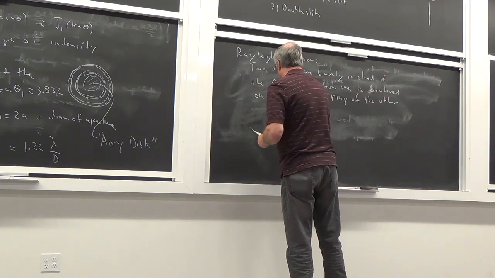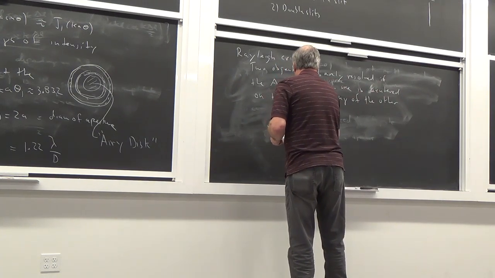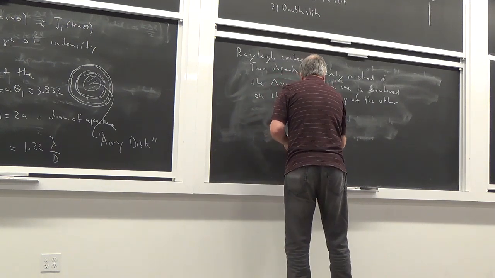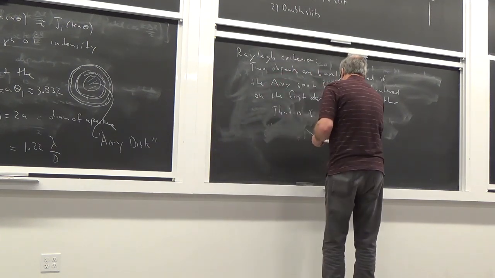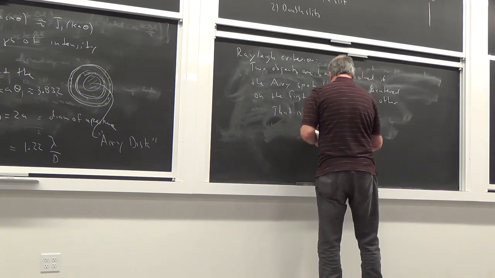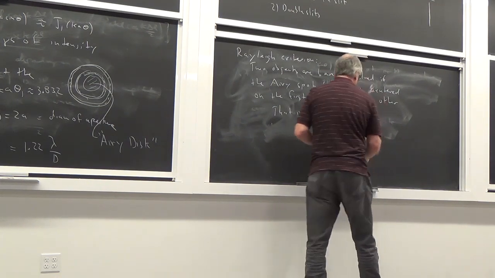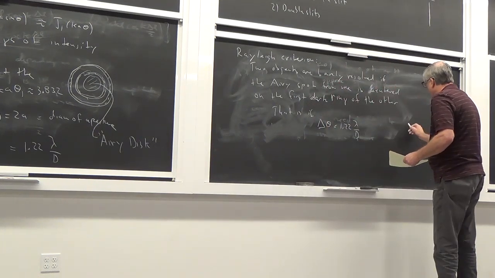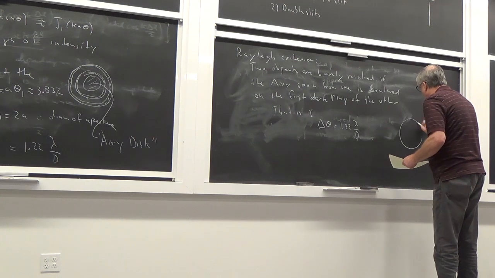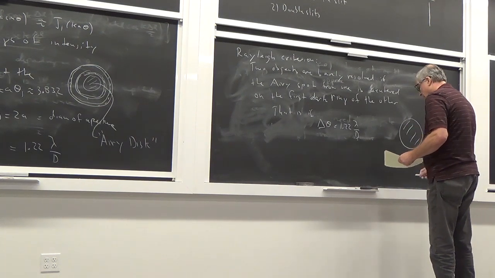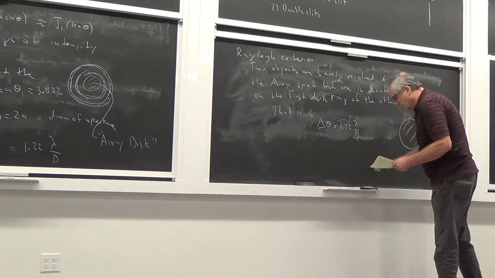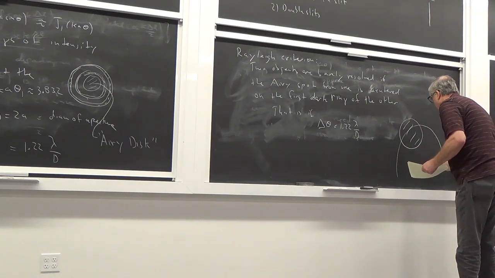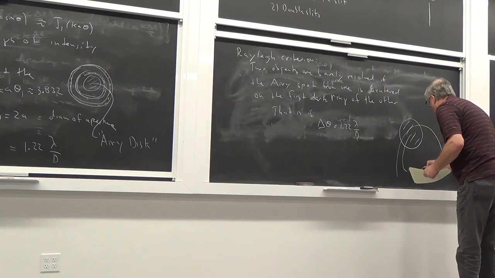That is, if there's an angular separation in the sky, delta theta, which for a telescope, and we're talking about stars, is 1.22 lambda over D, because in this case we have the Airy disk of one looking like that, and that's centered on the first dark ring of the other.